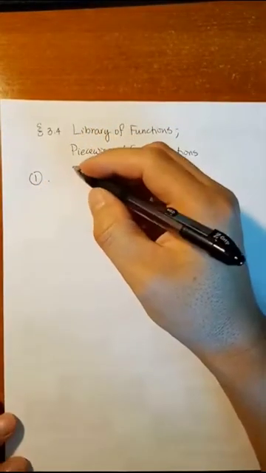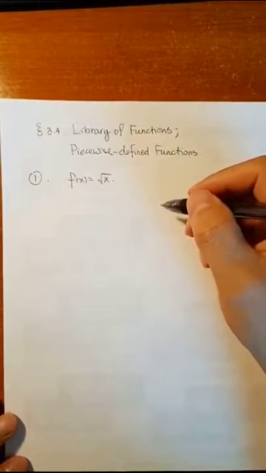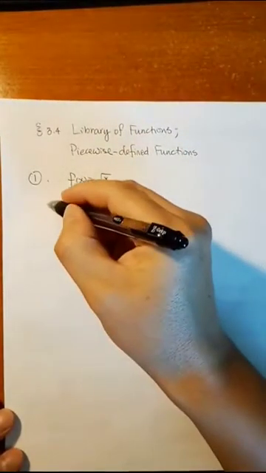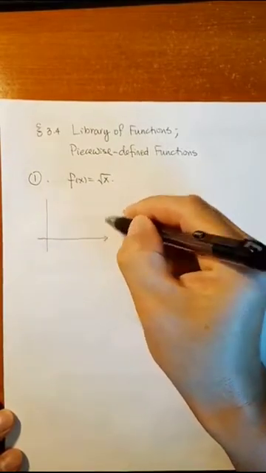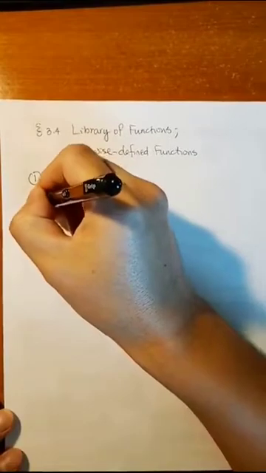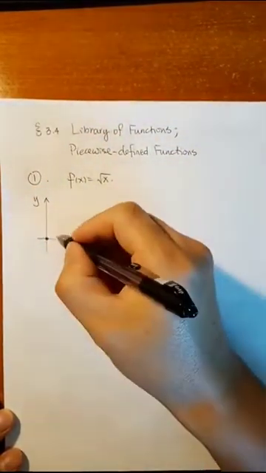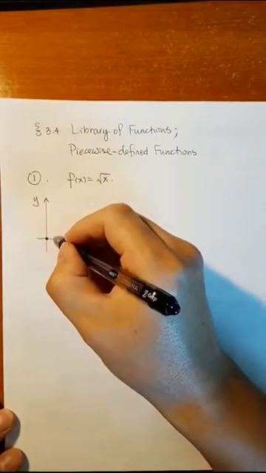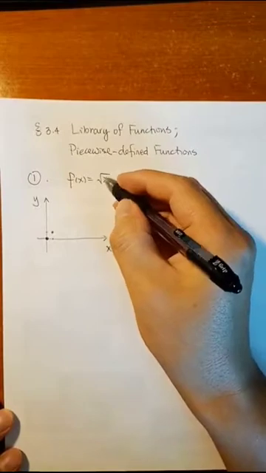Okay, so the first is the square root function. We have y equal to square root of x. We can only label some special points. We know that we can only take the square root of nonnegative numbers, so that's why we just need the positive part. When x is 0, y is 0. So you have (0, 0). When x is 1, y is 1. So here you have (1, 1). When x is 4, we know the square root of 4 is 2.